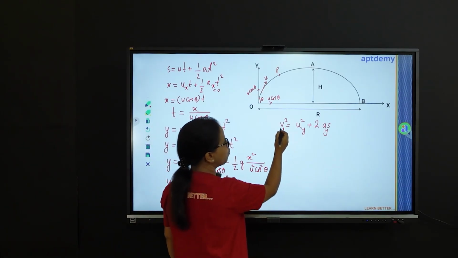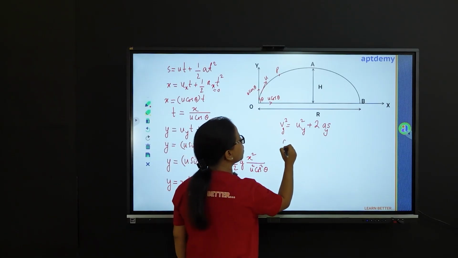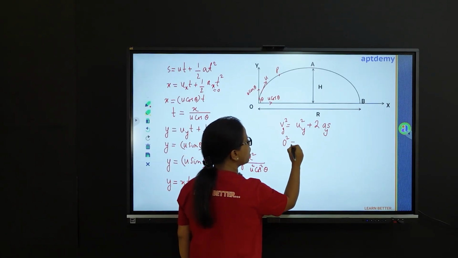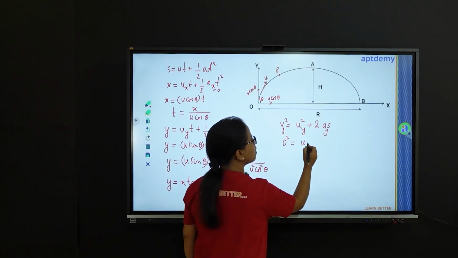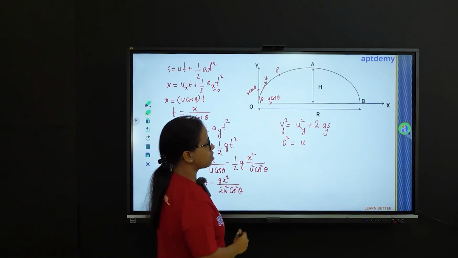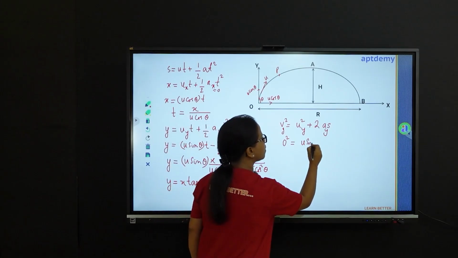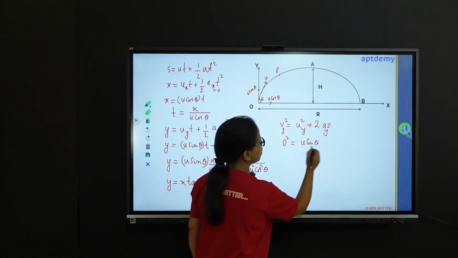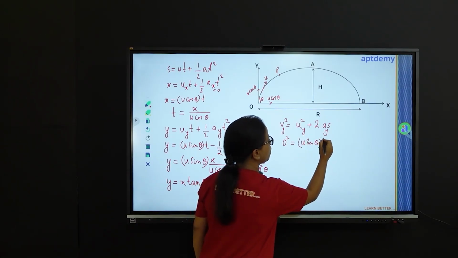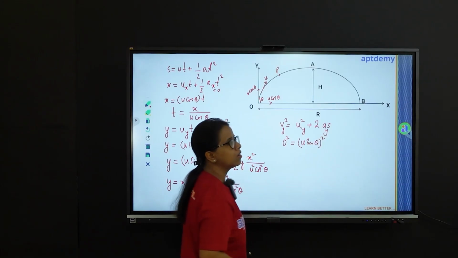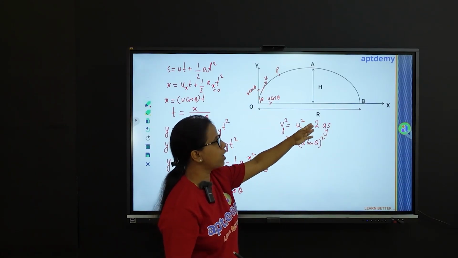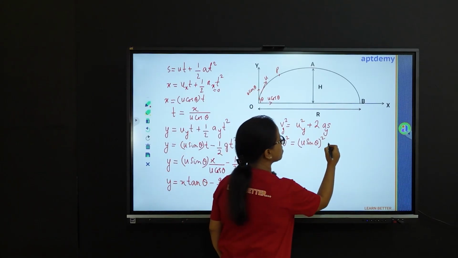So we have vy at the highest point, the velocity, equals 0, and uy is the y component of the initial velocity, which is u sin theta, whole square of this, and this is in the upward direction, so ay has to be taken as minus.